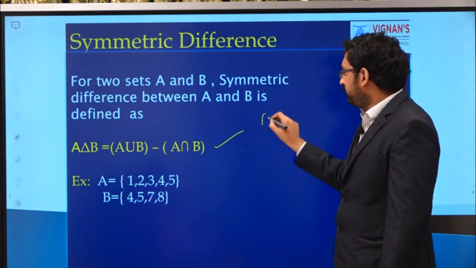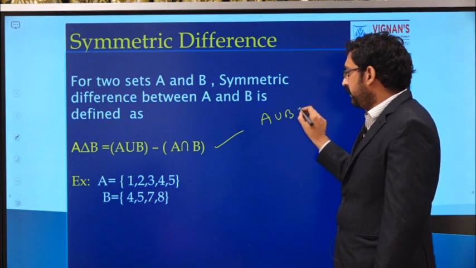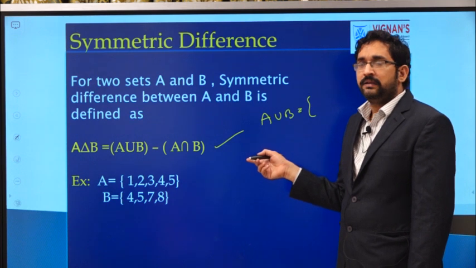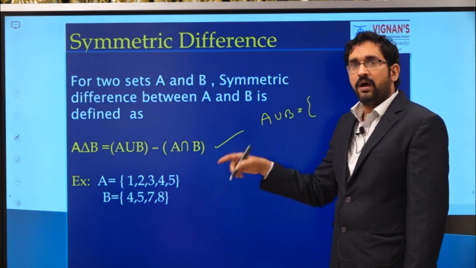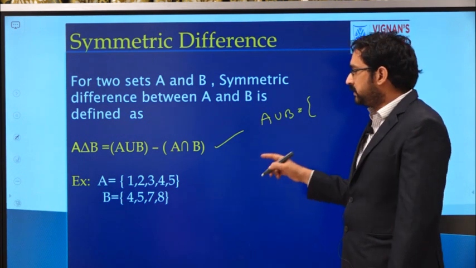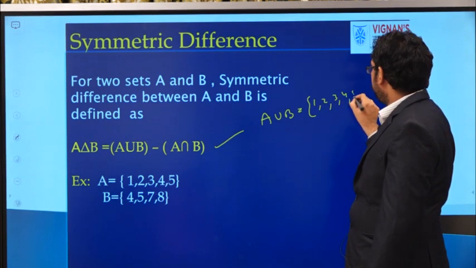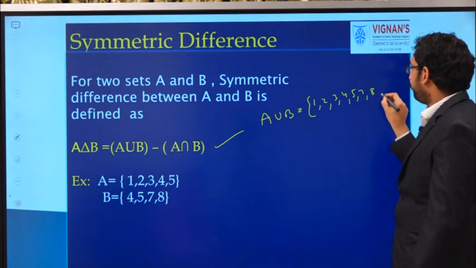So A equals 1, 2, 3, 4, 5, B equals 4, 5, 7, 8. What does A union B contain? Elements which are in either A or B or in both. So A union B contains 1, 2, 3, 4, 5, 7, 8.